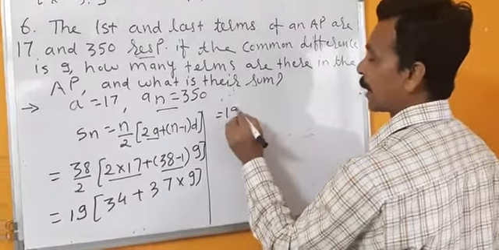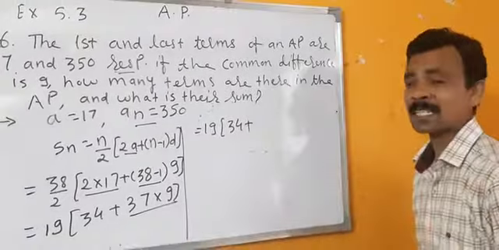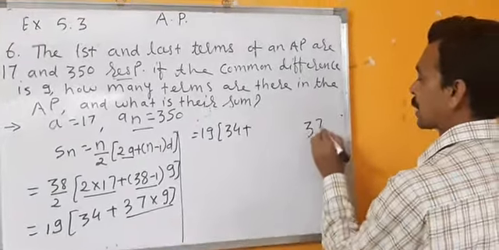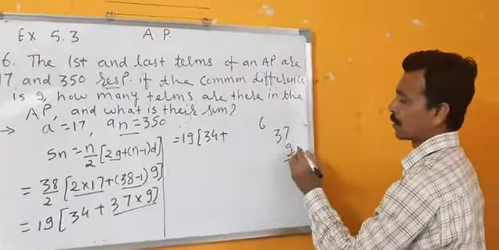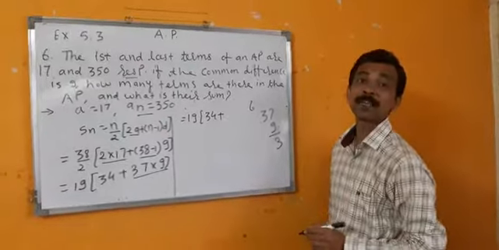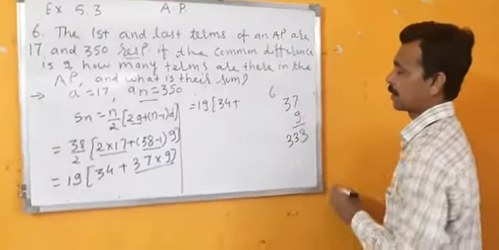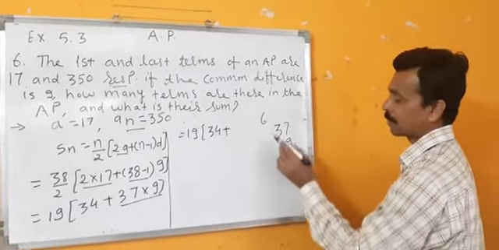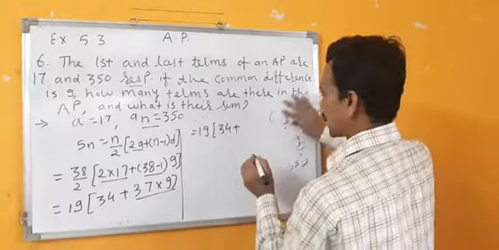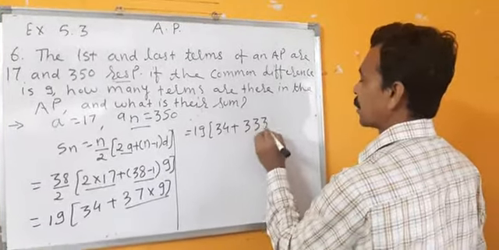Is equal to 19 into 34 plus, let's see what 37 nines are. 9 sevens are 63, carry 6, 9 threes are 27 plus 6 is 33. So it becomes 333.